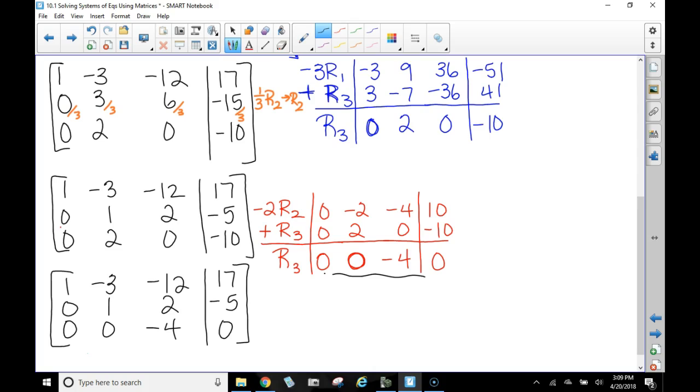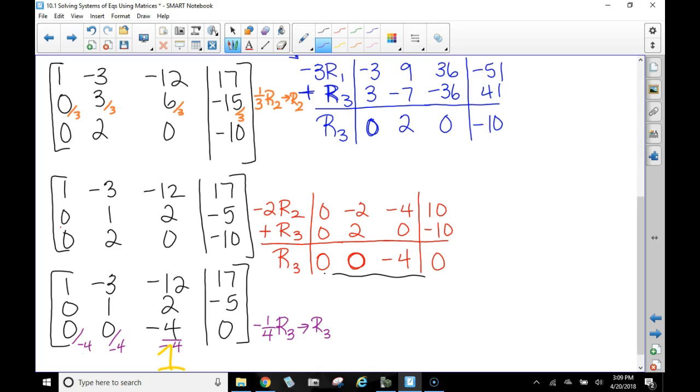So what I want now is all 1s on my lead diagonal. I want this to be a 1. And to get that to be a 1, I can accomplish that task by dividing everything through by negative 4, which is the same thing as multiplying negative 1/4 times row 3 to get a new row 3. Like I said, that just means we're going to be dividing everything through by negative 4.